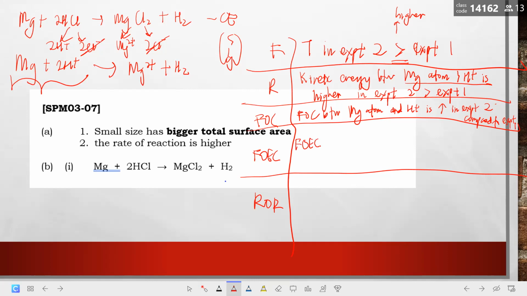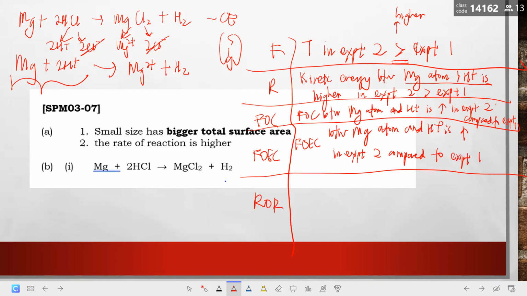Who wants to copy paste for teacher? Between magnesium atom and H plus ion is higher in experiment 2 compared to experiment 1. Okay, very good.